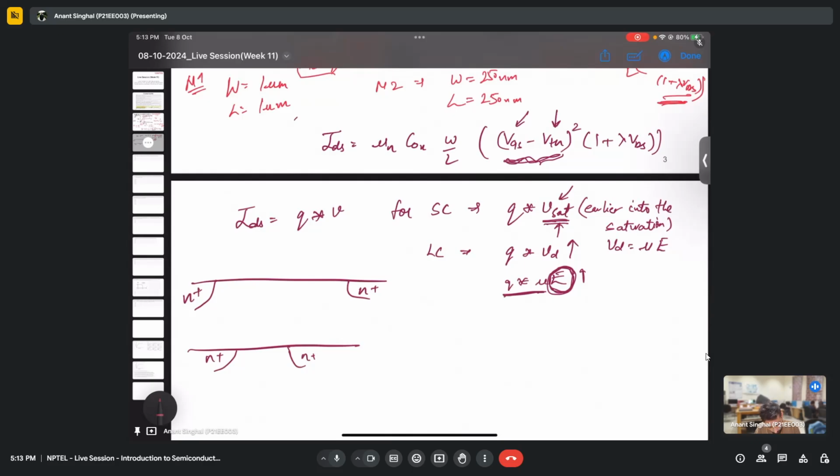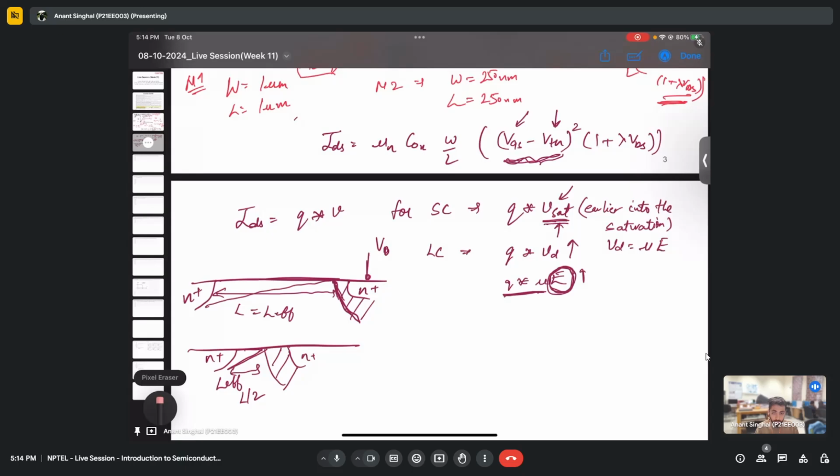If I apply a certain VD such that the depletion region for this N plus is this much long, the L effective that is getting changed is almost L by 2 here. But for the long channel, L is almost equal to L effective because this change is negligible as compared to L. So the pinch off that is happening almost remains the same.